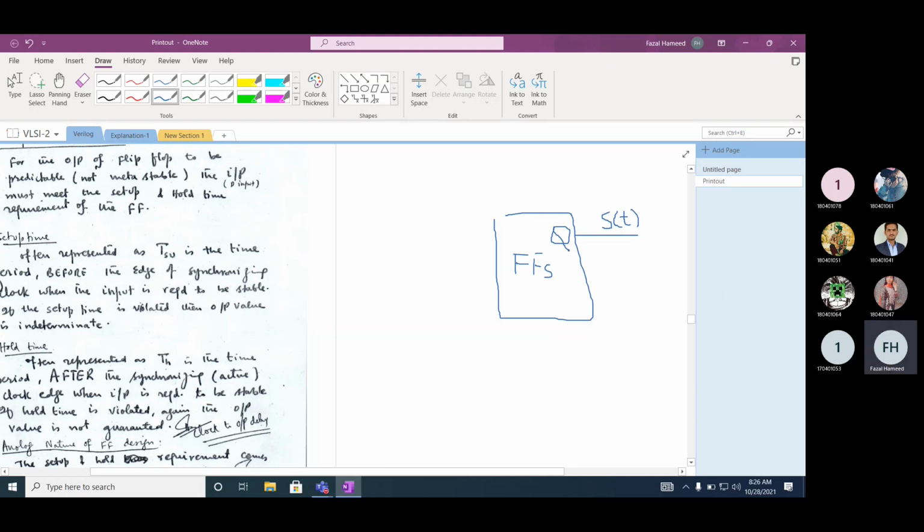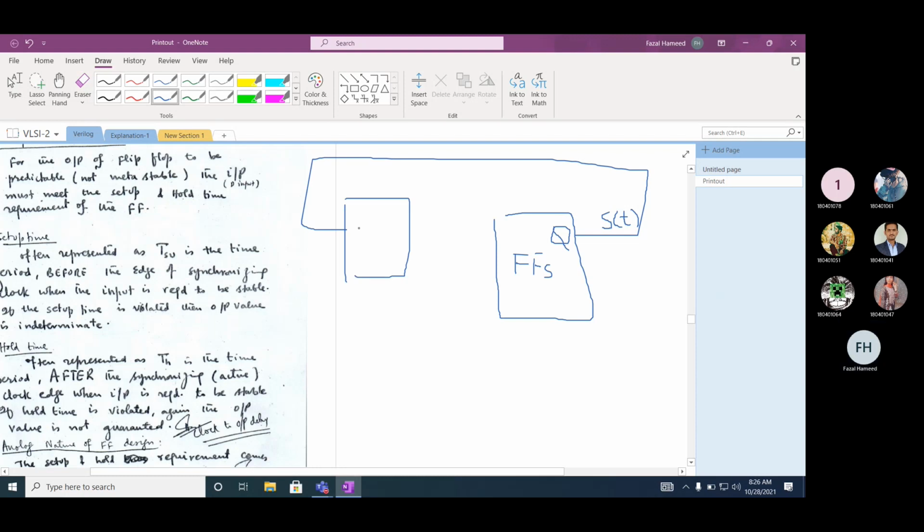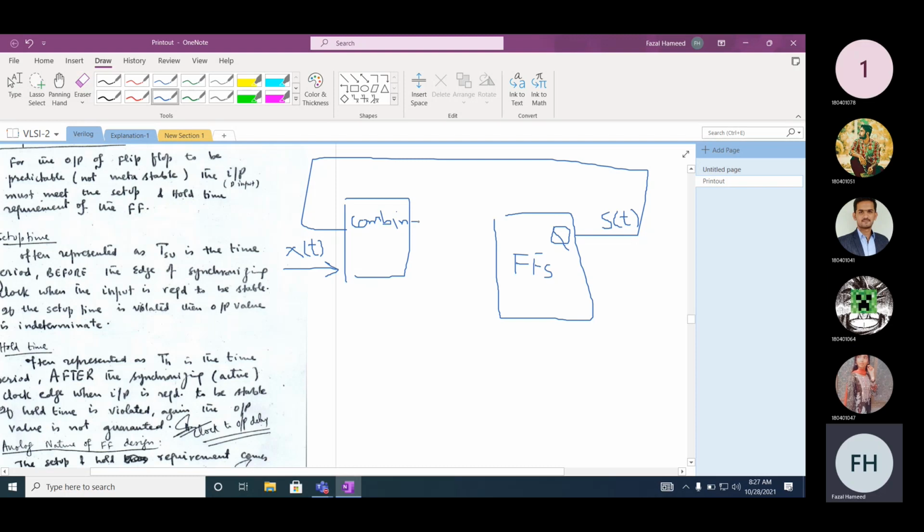This state will be fed back, and there will be some combinational circuit. For this combinational circuit, there will also be some inputs XT, I'll explain this later on. XT is some inputs. The output of this combinational circuit will determine the next state of the system, which will be assigned at the active edge of the clock, if you remember.